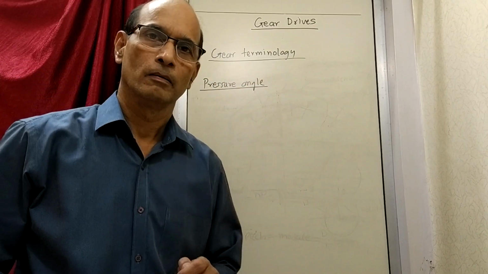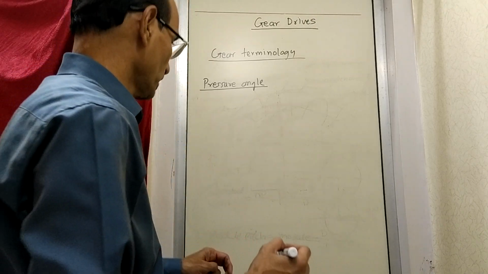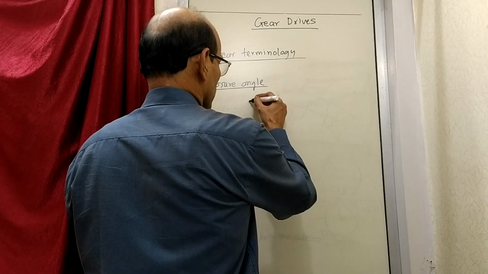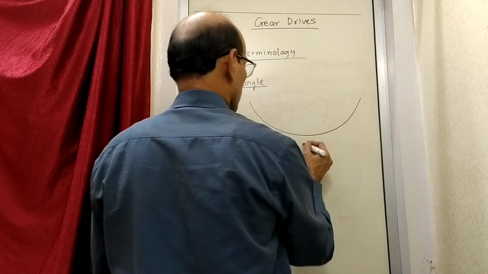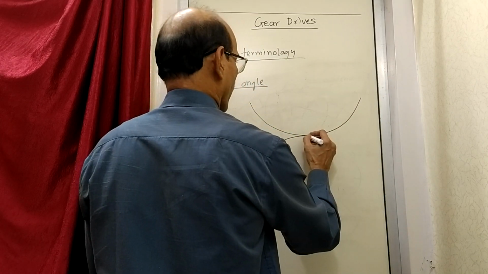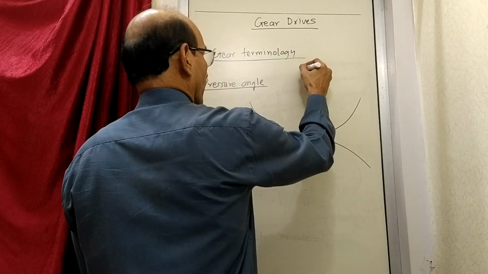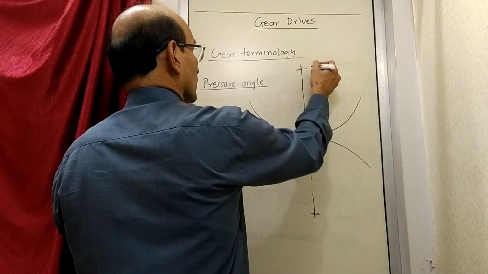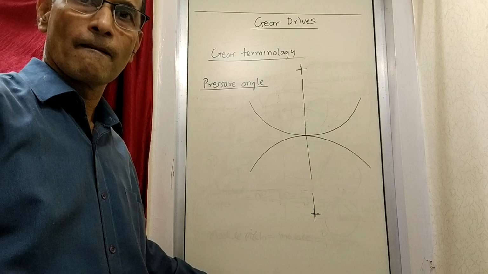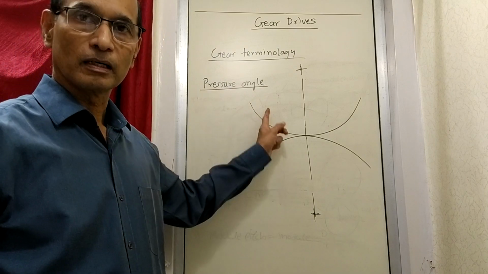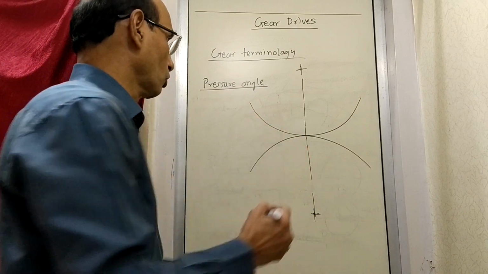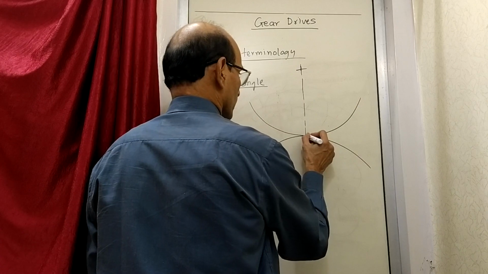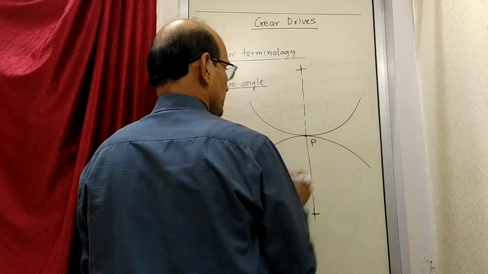Now see what is the pressure angle. Let me draw two gears in contact. So this is one gear, this is another gear. Maybe here there is a center line. These are the centers of the gears. Now I have drawn their pitch circle diameters. They are in contact at this place. This is a pitch point called as P.